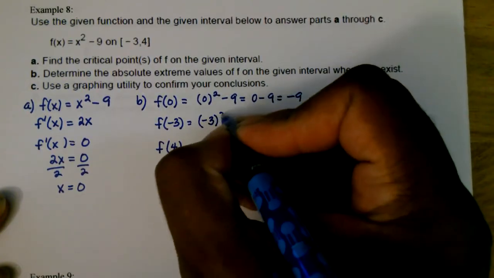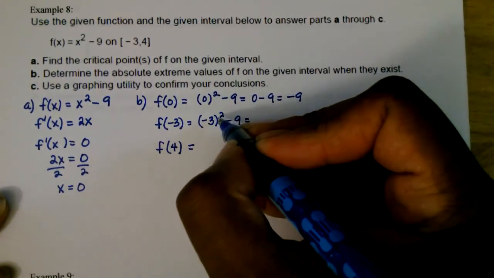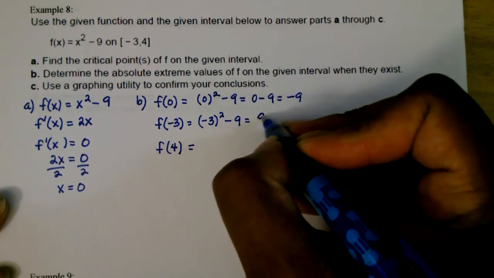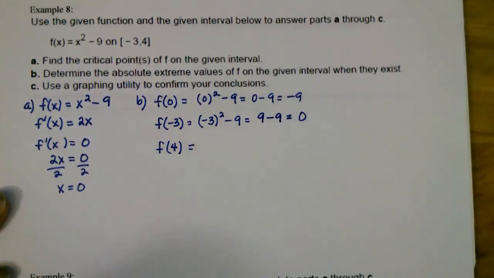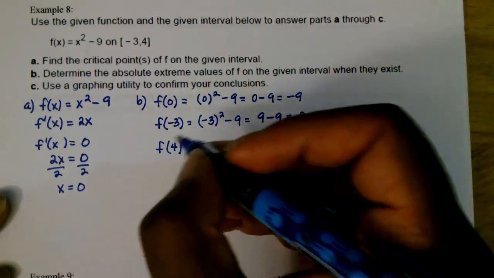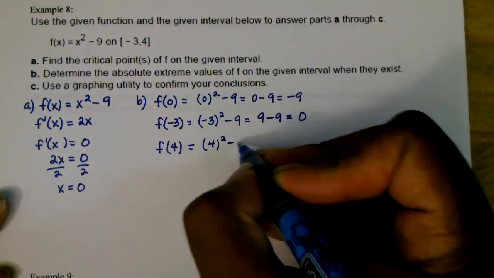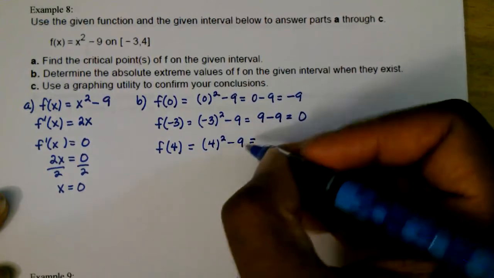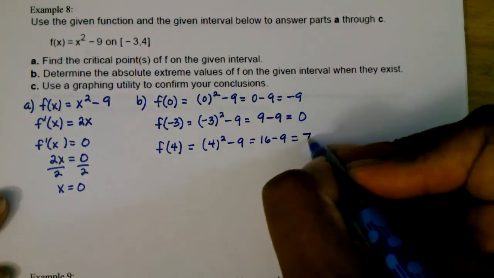That'd be -3 squared minus 9. -3 squared is -3 times -3, which is positive 9. And 9 minus 9 is 0. And then for f of 4, substitute the x with 4, so it'll be 4 squared minus 9. 4 squared is 16. 16 minus 9 is 7.